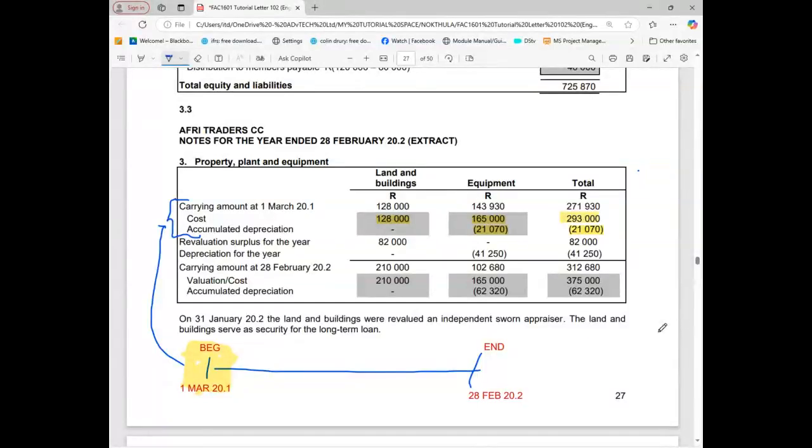Cost minus accumulated depreciation is equal to carrying value. Carrying amount.